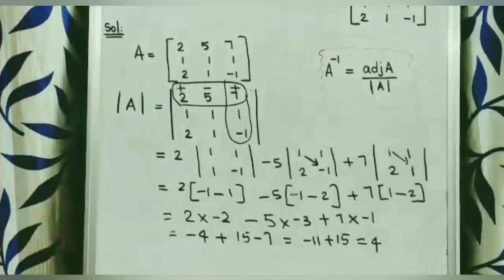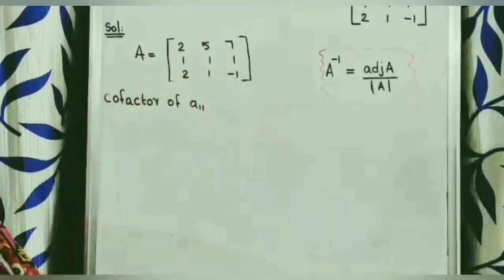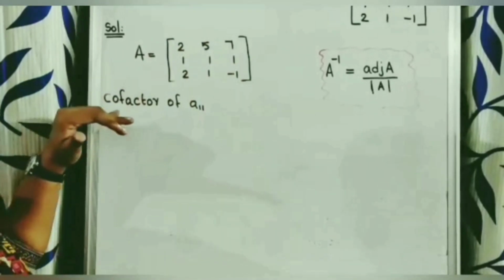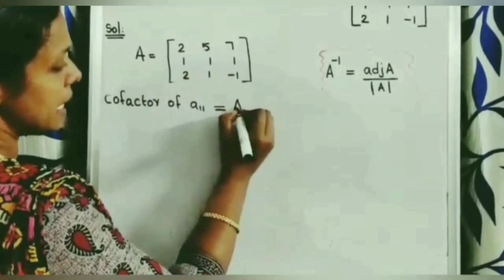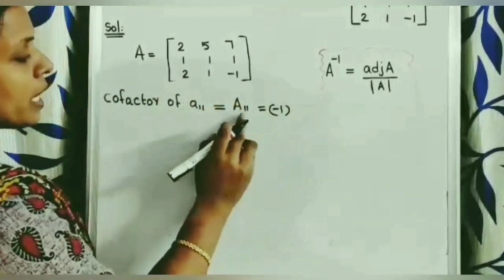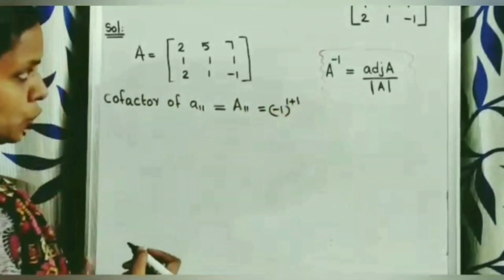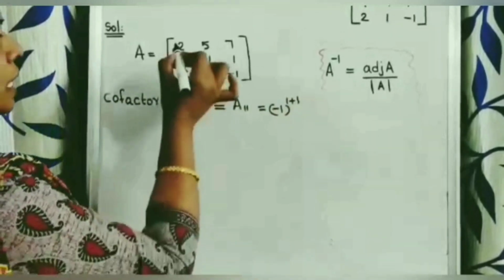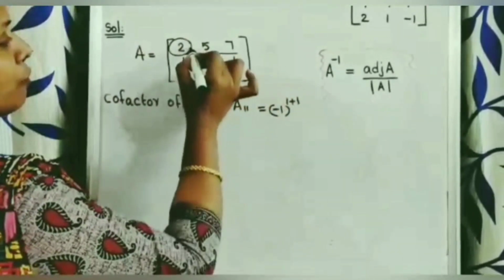Next we find cofactors of all the elements in A. First we find cofactor of A11. We denoted it as capital A11. That is equal to negative 1 whole raised to, here I is 1, J is 1. We can write 1 plus 1 into. Here A11 is 2. Then eliminate first row and first column.